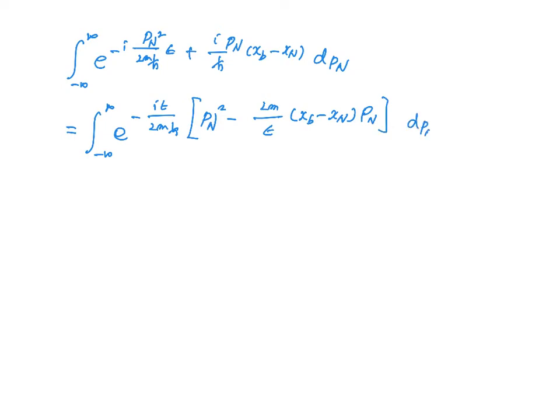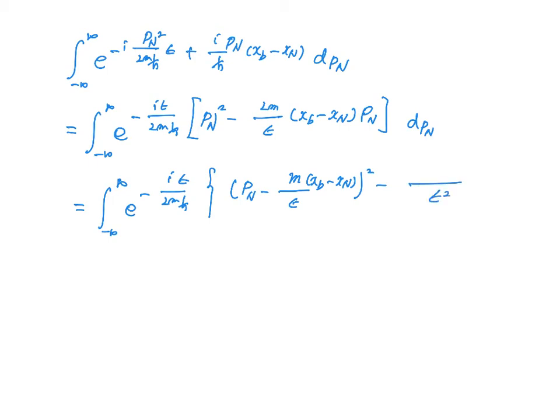So we can write it down as the integral from minus infinity to infinity of exponential minus i epsilon over 2m h bar times pn minus m over epsilon xb minus xn, square, minus m square over epsilon square xb minus xn square, dpn.